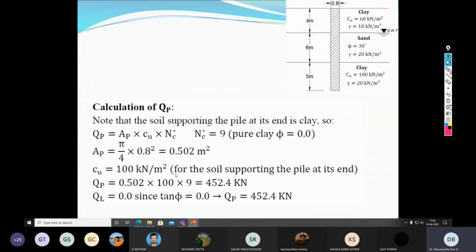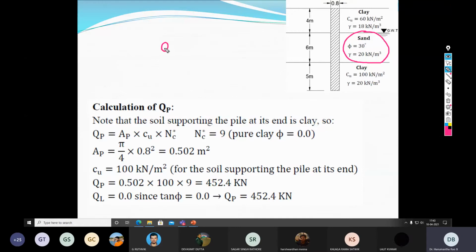So here you can do such exercise only for the sand layer. Could anybody calculate what is the QL for sand layer? Because QL you cannot calculate for the top 4 meter clay or bottom 5 meter clay because the phi is 0.